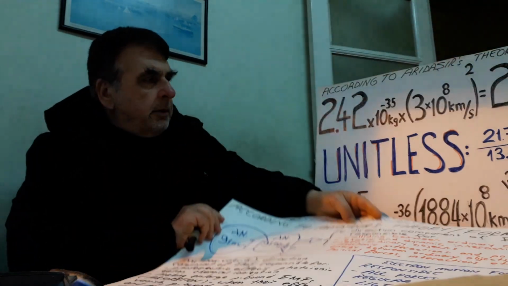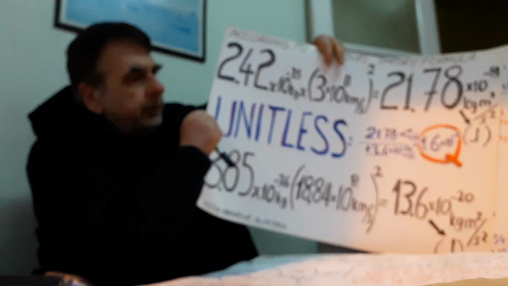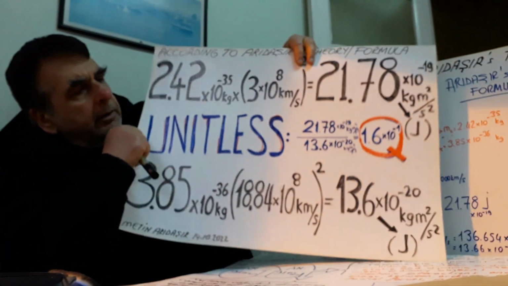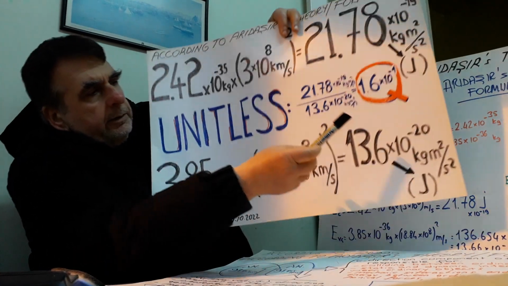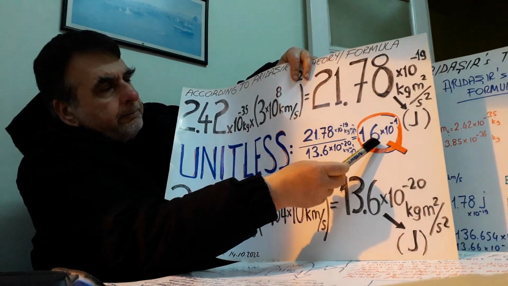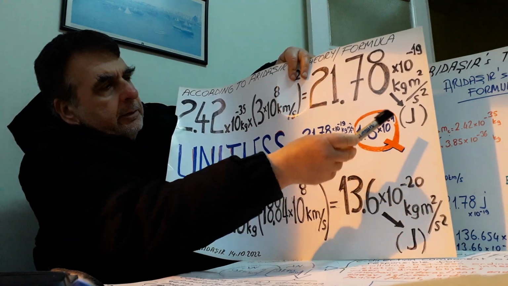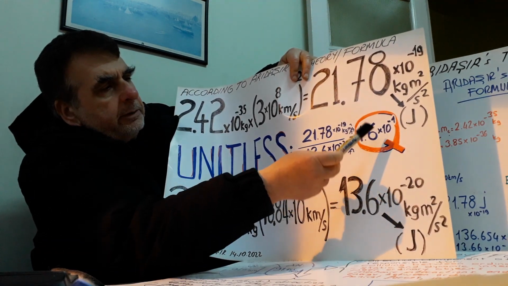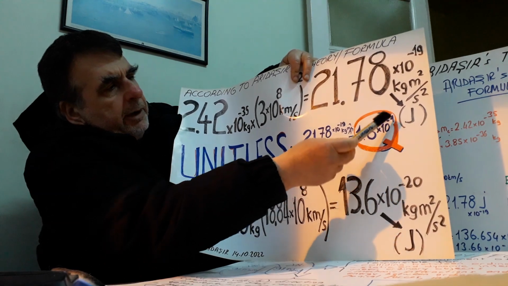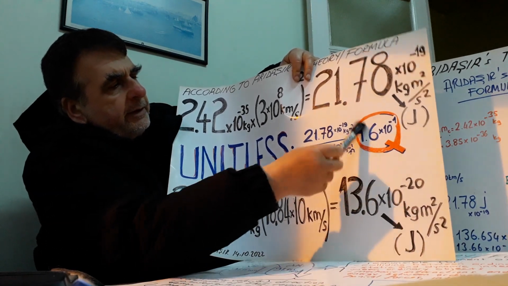Then here, unitless, 0.159, or 1.6 10 to the minus 1. Unitless constant.